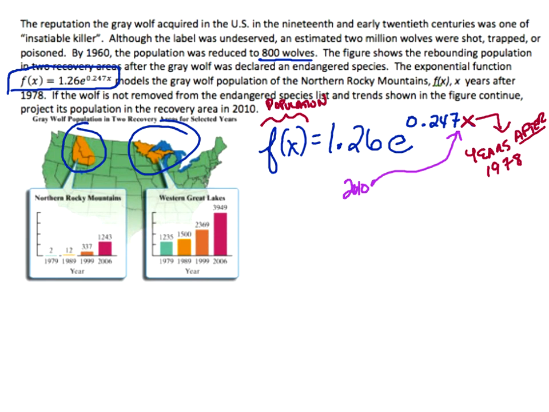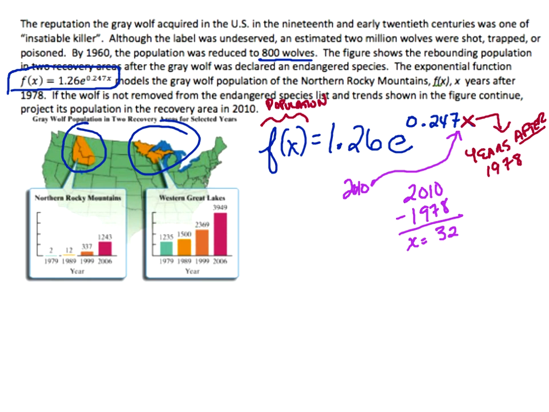So we've got to figure out what that is before we can plug it in. So 2010 minus 1978 is 32. So we are going to plug in an x value of 32.